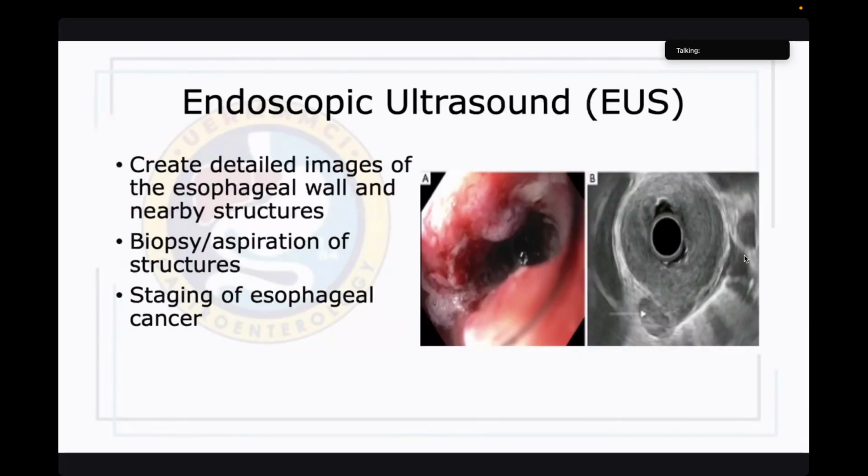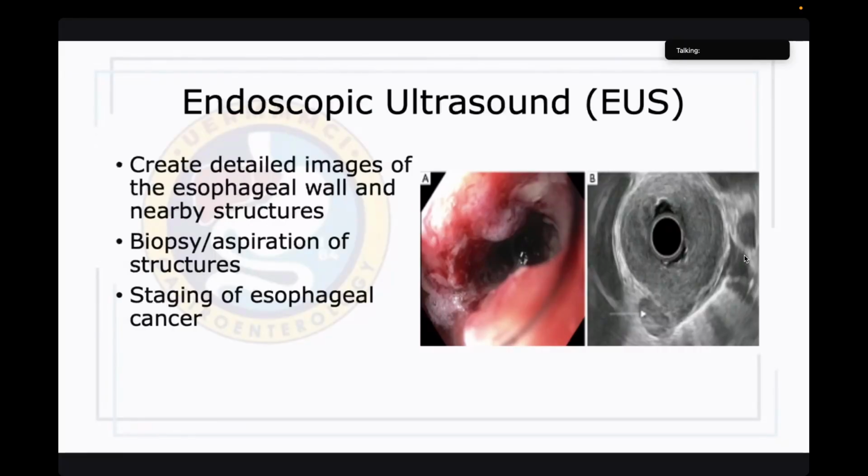Next, we have endoscopic ultrasound. As the name implies, this is a combination of endoscopy with ultrasound. Although there is a dedicated scope for this, here in the Philippines, only a number of hospitals have this and only a few gastroenterologists are trained to perform this procedure. So in EUS, you have an endoscope with an ultrasound transducer at the tip.